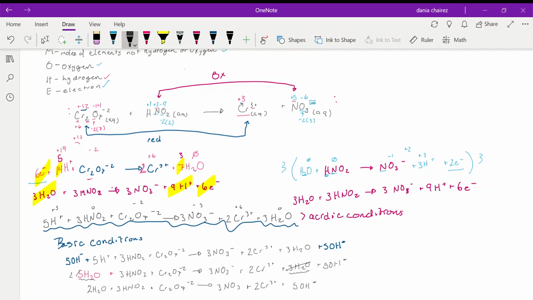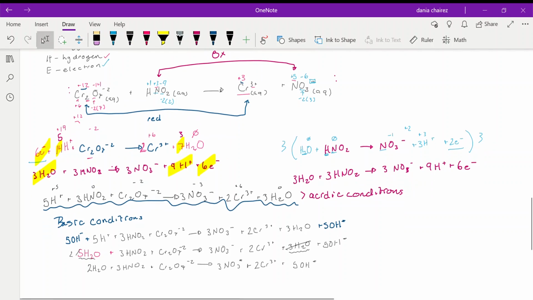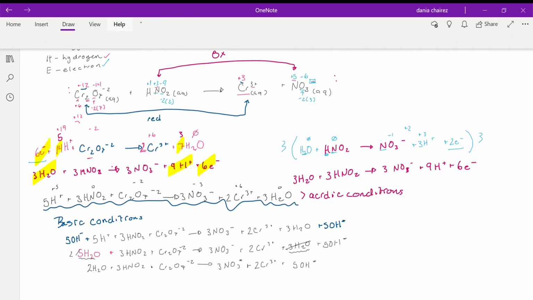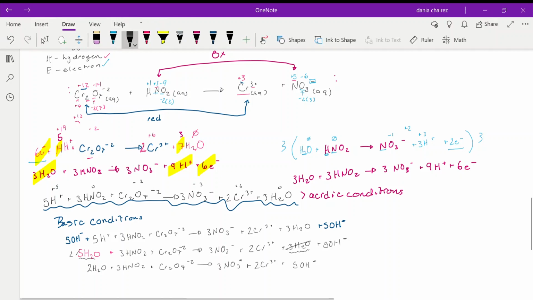And then now we double check our charges again. Let me do this in a different color just so that we can see it.